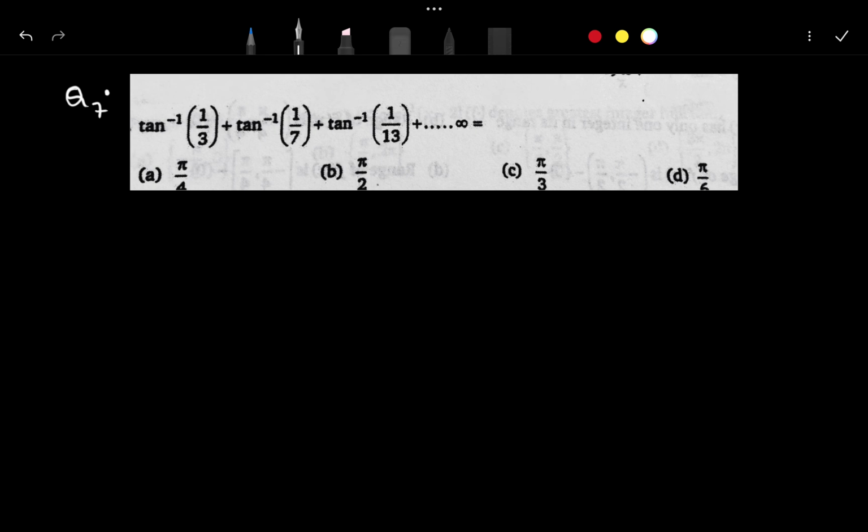So that will be tan inverse of 1 whole divided by, you can write 2 minus 1 whole divided by 1 plus 1 into 2. Plus tan inverse of 3 minus 2 whole divided by 1 plus 3 into 2.